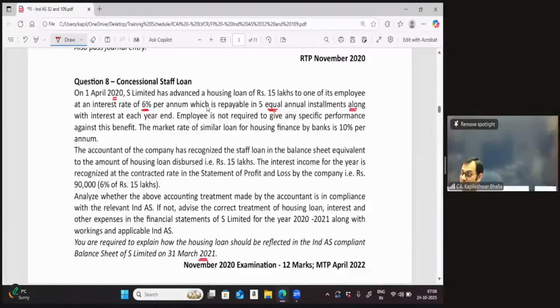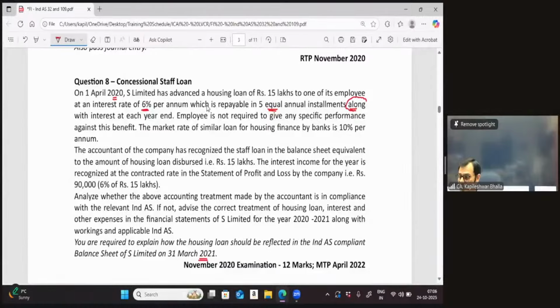Now, this is one place where I see many times students tend to get confused. Is this an equated installment? Is this including the interest that we're going to pay in 5 equal installments? Or is it talking of the principal portion being paid in 5 equal installments? You need to be careful with the language of the question. It very clearly says 5 equal installments along with interest.